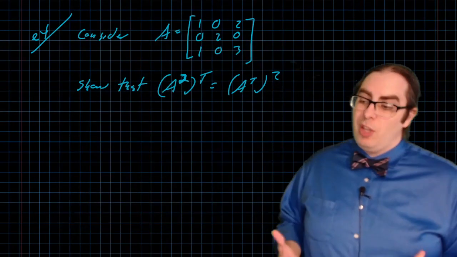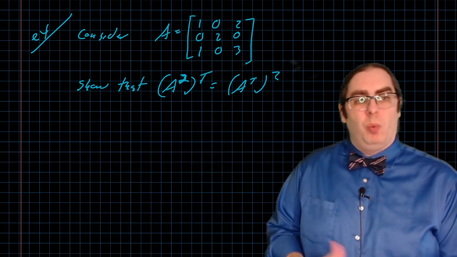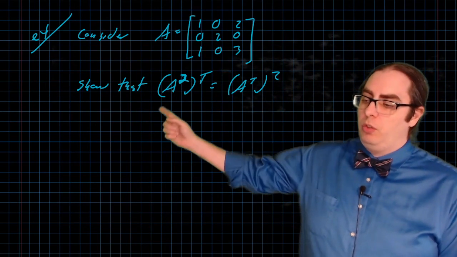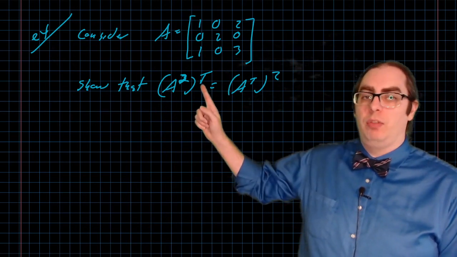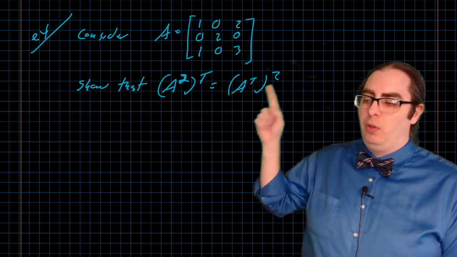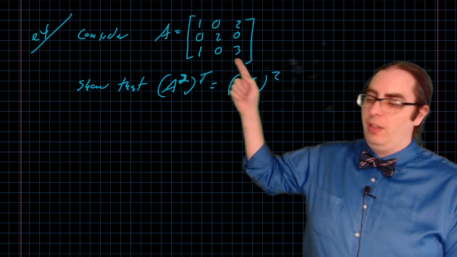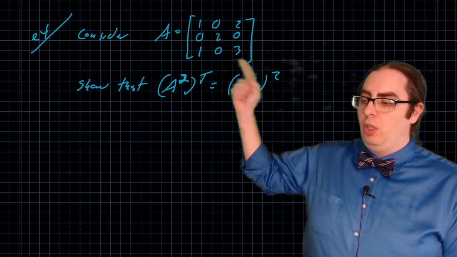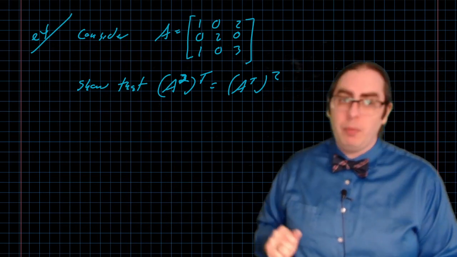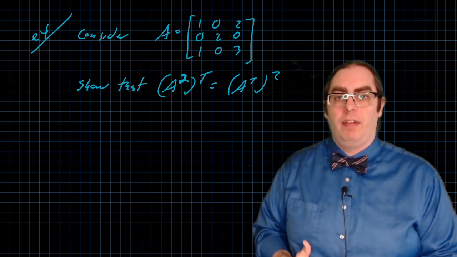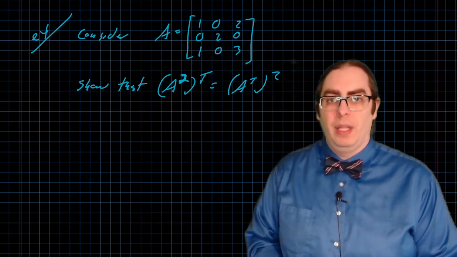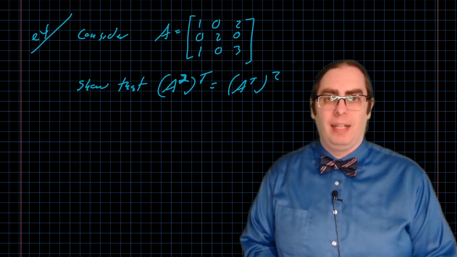All right. So it's not proving it in general, it's just showing in one specific case that it will work. But I'd like you to take this matrix, square it, and then take the transpose. And then take the same matrix, take its transpose, and then square it. All right, this is not a symmetric matrix, so the transpose is going to be something different. But I want you to go through that, verify for yourself that that property that I didn't prove is in fact real. See what you can do with that, and I'll see you in the next video.